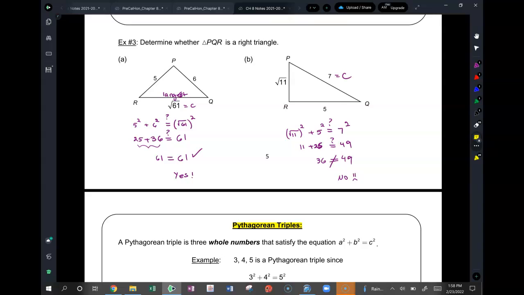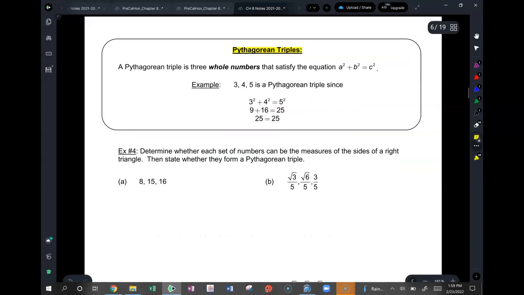What's an example of a Pythagorean triple? Well, this is the most famous one. 3, 4, 5 is a Pythagorean triple. If these were sides of a triangle, which one would be C? 5 would be C. And if you applied the Pythagorean theorem, 3 squared plus 4 squared, does it equal 5 squared?